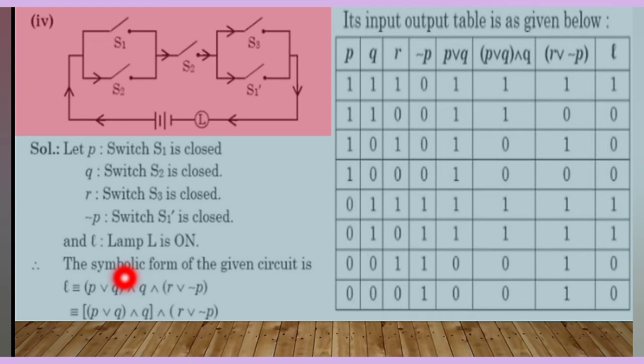First bracket write down, and then again R or negation P, and the last column write down the whole statement, that is L. L means the whole statement, and this is the truth value of this column. See here. The textbook answer is not matching this answer, but we solved this table, so this is the answer of this question.